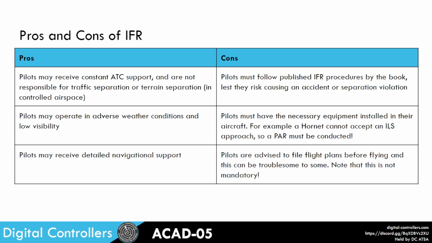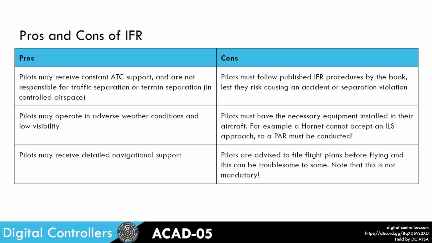Then another con is that pilots have to have the necessary equipment installed in their aircraft. For example, the DCS F-18 Hornet does not have the equipment necessary for an ILS, or instrument landing system, approach, so we have to talk them down using a precision approach radar. But there will be more detail on these instrument approaches in future ACADs.